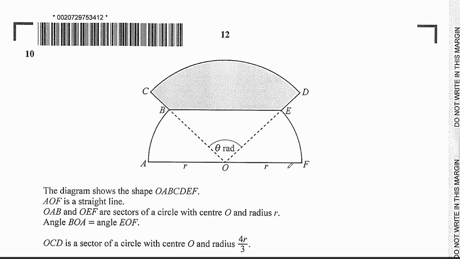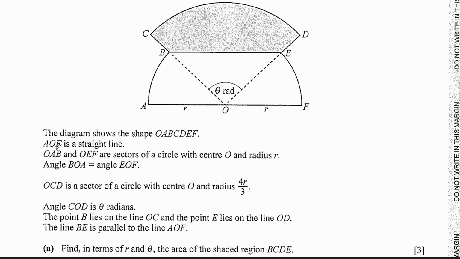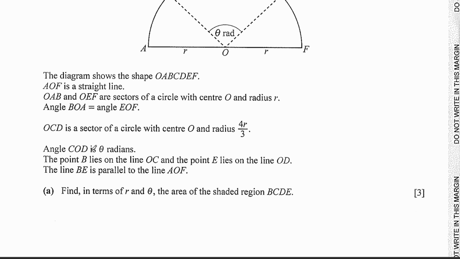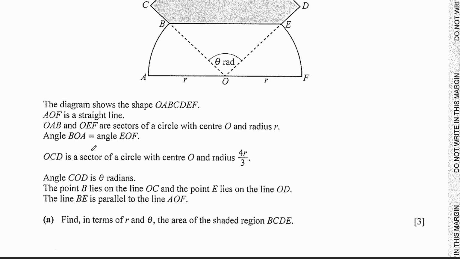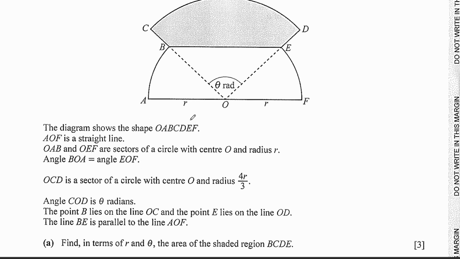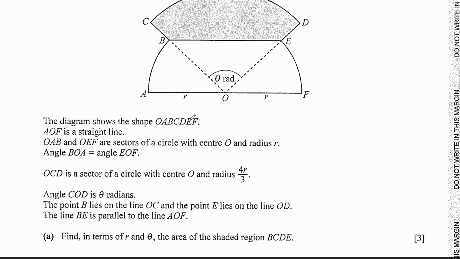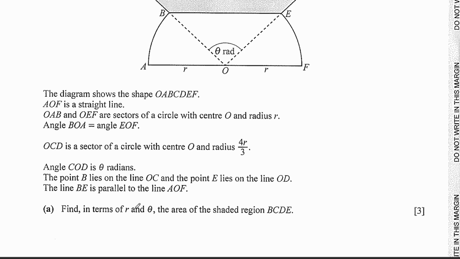Question 10 is about circular measure. So there's a lot of information here. Alright, I'm going to slowly read it first. So we want to find the area of the shaded region in terms of r and theta.